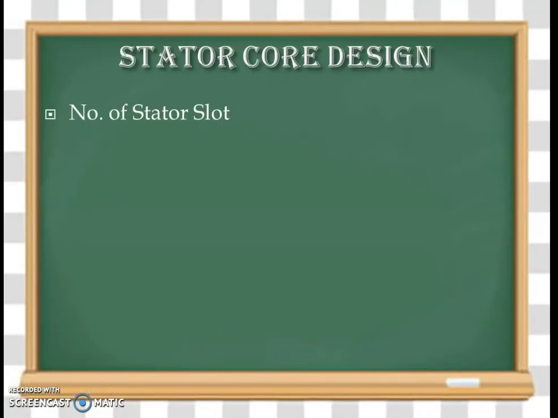Our next parameter is number of stator slots. To define total number of stator slots is very important in case of stator core designing. We have to consider certain factors while deciding the total number of stator slots.